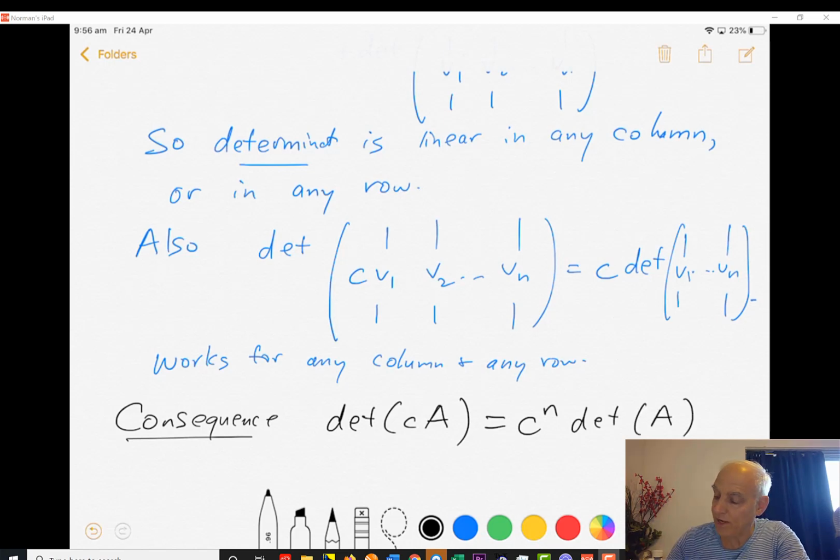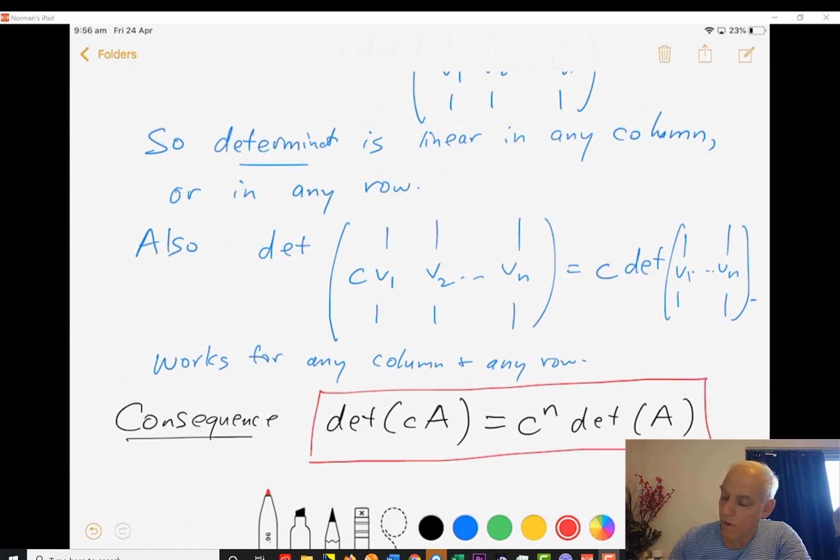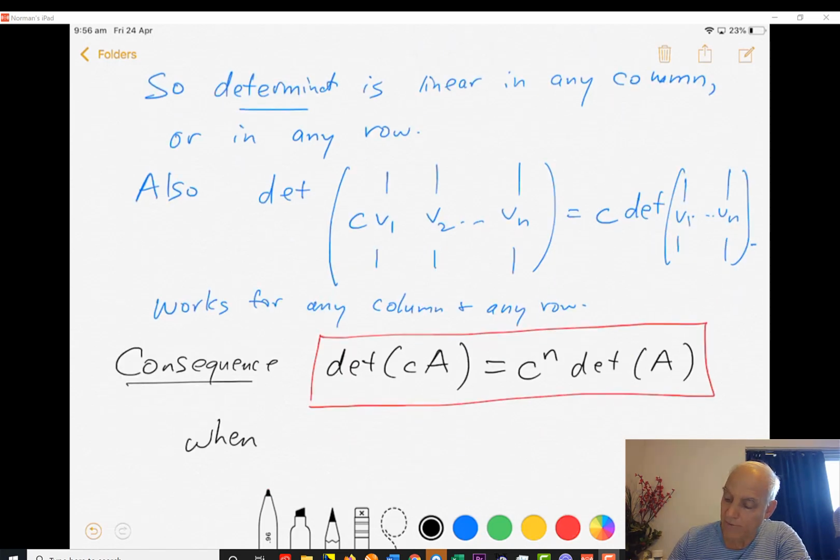So the determinant of C A is equal to C to the n times the determinant of A when A is n by n.